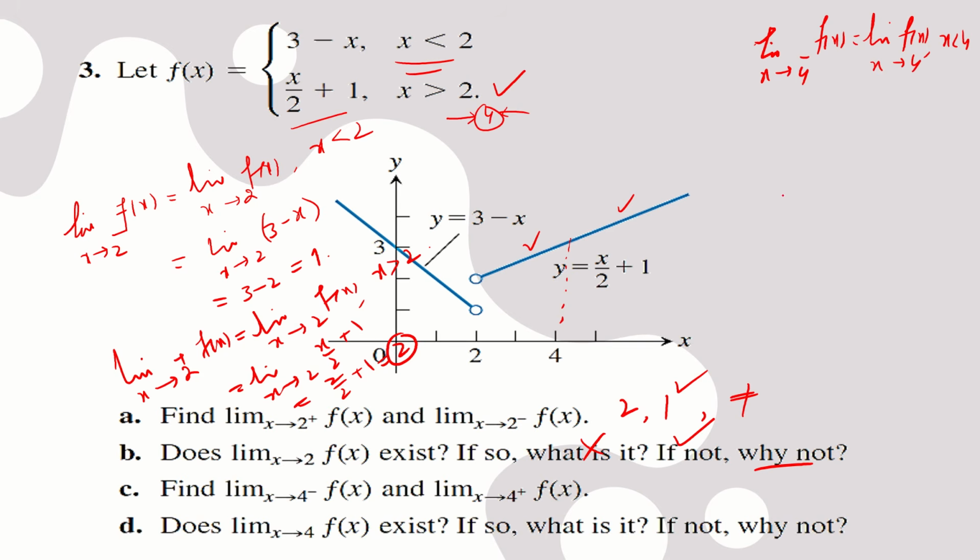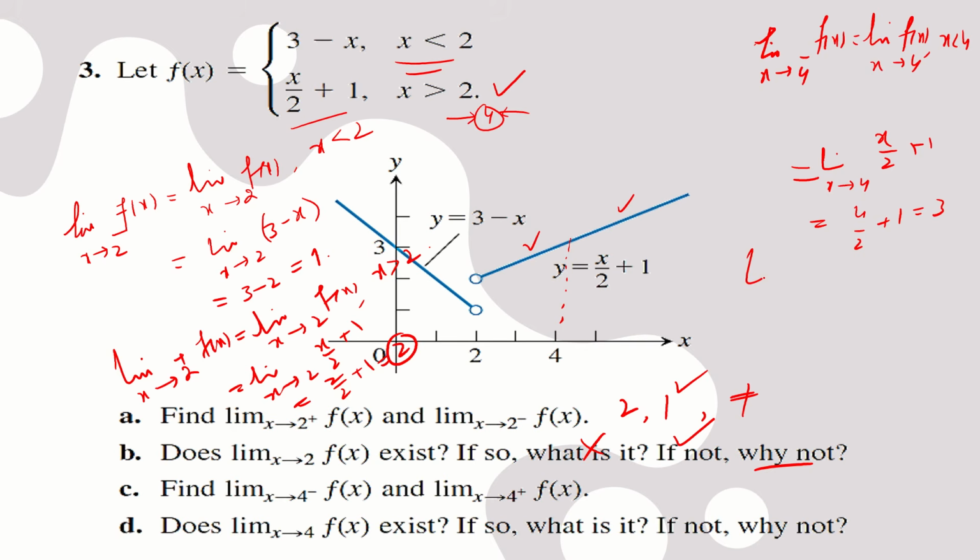So what would we have in this case? You just write limit x goes to 4, and the function in this case will be simply x divided by 2 plus 1, which would give you 4 by 2 plus 1, that is equal to 3.